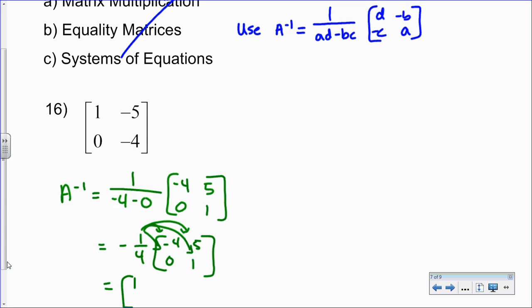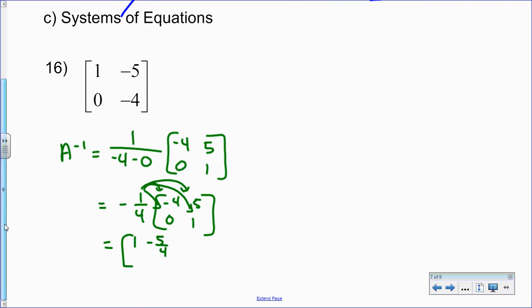So 1, negative 5/4, 0, and negative 1/4. Okay? If it doesn't have a name, I always just use A inverse.